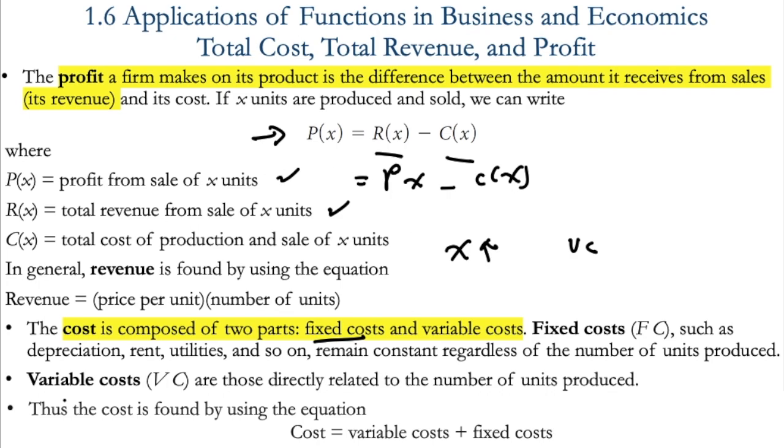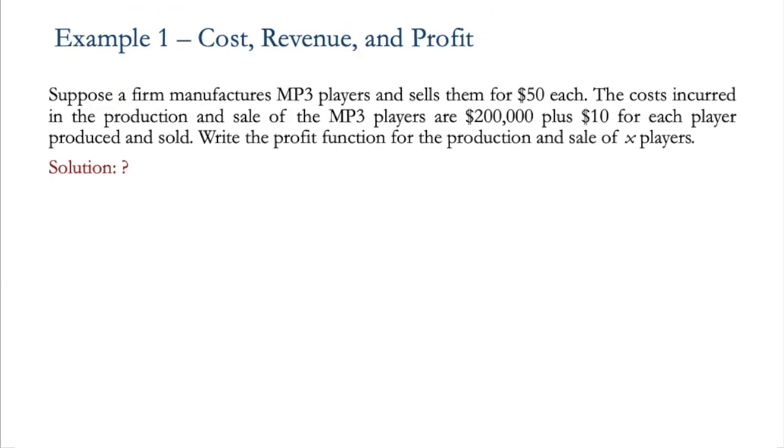Now let's look at an example, because we want to show you how linear functions can be used in business and economics. We want to come up with a linear function using this example. Example 1, cost, revenue, and profit. Suppose a firm manufactures MP3 players and sells them for $50 each. The cost incurred in the production and sales of the MP3 players is $200,000 plus $10 for each player produced and sold.